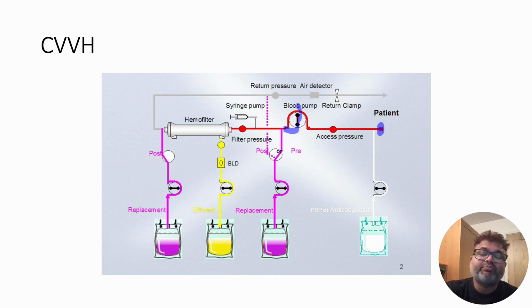But if you use it pre-filter, it will dilute the blood a lot, because the amount of blood which is coming out of the body, just that amount of blood will be diluted, so the filter will get a lot diluted blood, so the risk of clotting will be less. But because there is less number of solutes to be removed, the effectiveness of the filtration will be less.